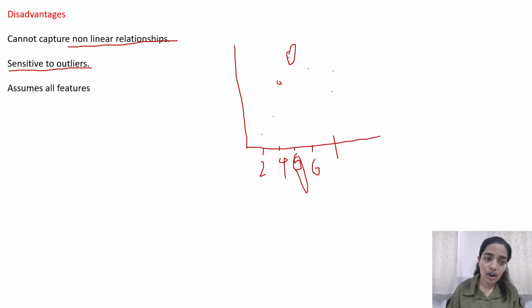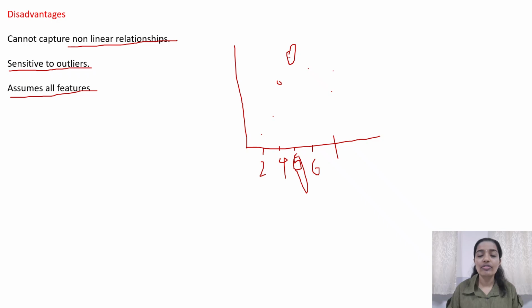So the output of linear regression gets affected by outliers, and whenever it is predicting something, it assumes all the features are equally important and does not consider feature importance.